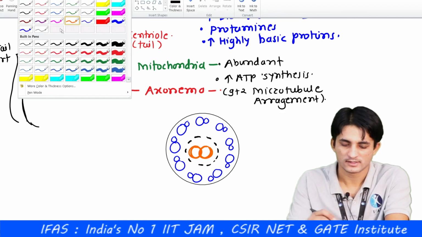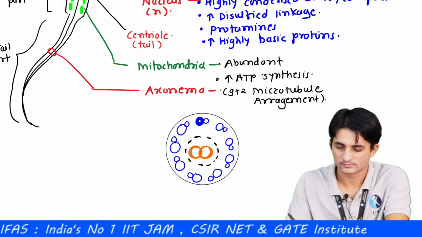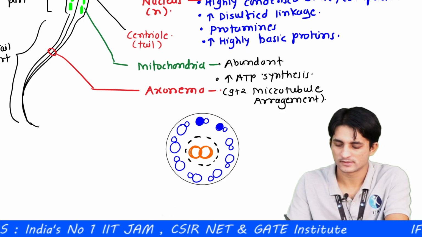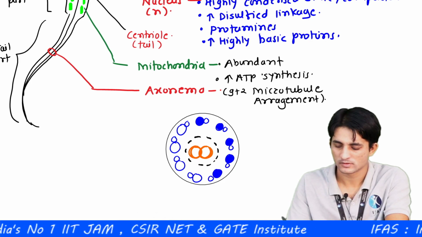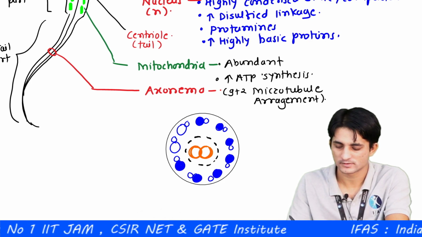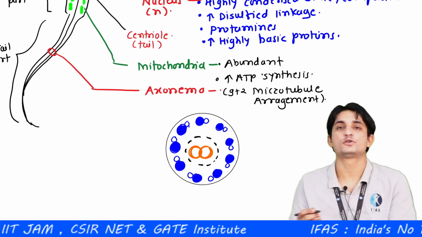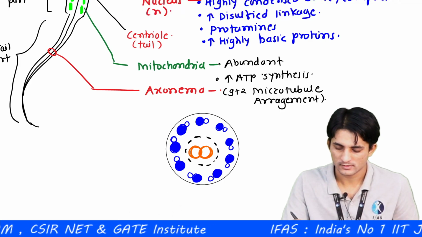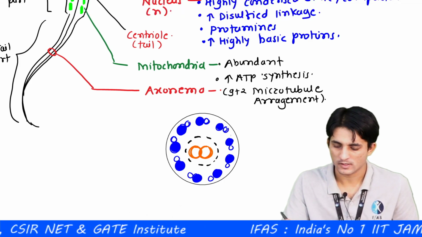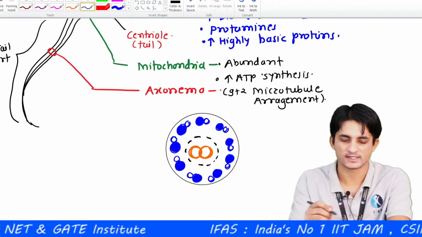So these are the 9 doublets in the peripheral side, and 2 singlets in the center.